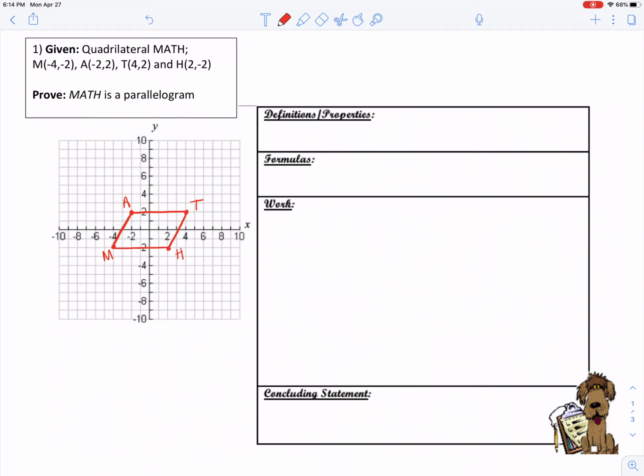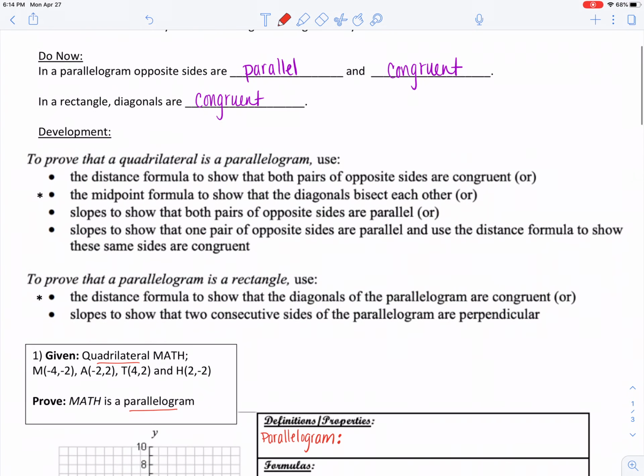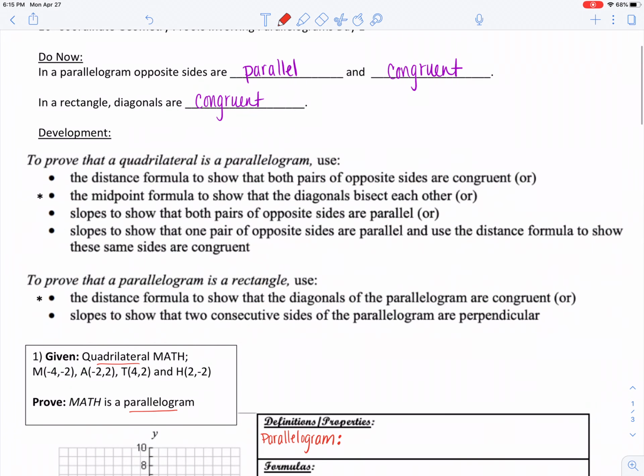Okay, so we're trying to prove that this quadrilateral is a parallelogram. Now you could determine which property of a parallelogram you're going to use. There are 5 of them, I believe. Were there 5 things here? No, 4, sorry. We could either state that the pairs of opposite sides are congruent.